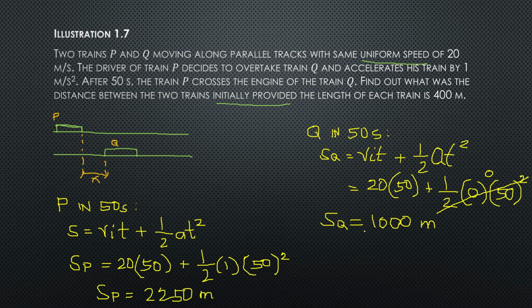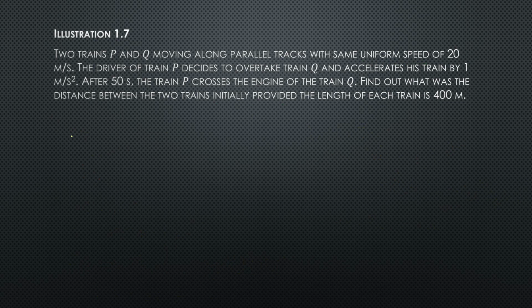Now, the difference between the distance traveled by P and the distance traveled by Q will be 2250 for S_P, and S_Q has a value of 1000.